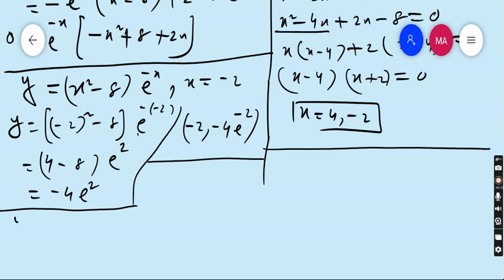Write down the question again. y is equals to x square minus 8 e power minus x.